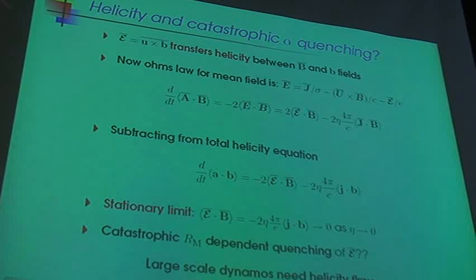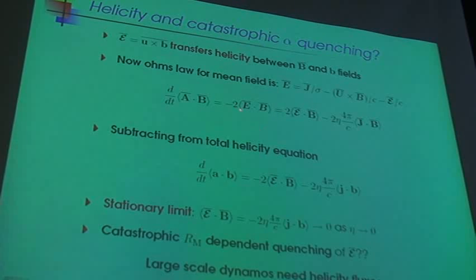d by dt of the average of A bar dot B bar. There are two averages going on here. One is an average to define the mean field, and one is a volume integral over the whole closed volume. That's my notation here. It is nothing but minus 2 E bar dot B bar.